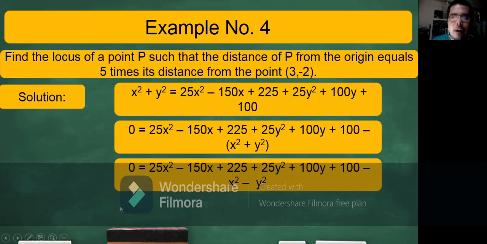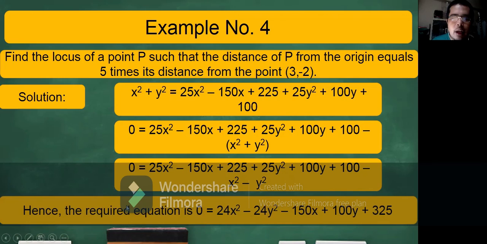Combining similar terms, the required equation is 0 equals 24x squared plus 24y squared minus 150x plus 100y plus 325, or the same as 24x squared plus 24y squared minus 150x plus 100y plus 325 equals 0 by the symmetric property of equality.